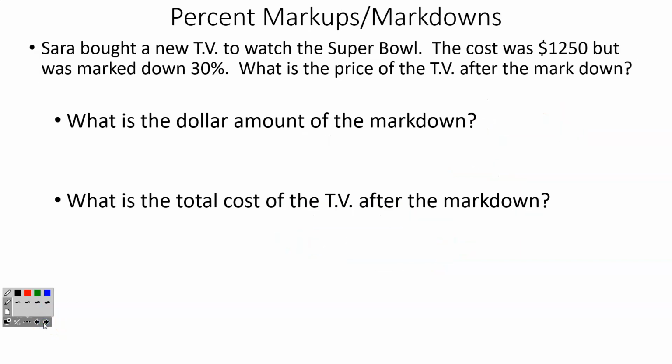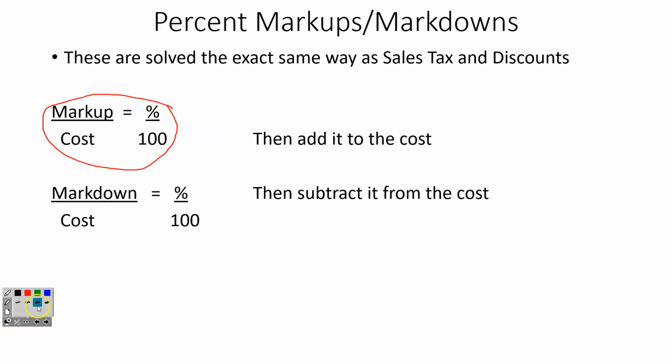Sarah bought a new TV to watch the Super Bowl. Yep, it's Super Bowl time. The cost was $1,250, but it was marked down 30%. What's the price of the TV after the markdown? Again, markdowns are done just like a discount, a sale.